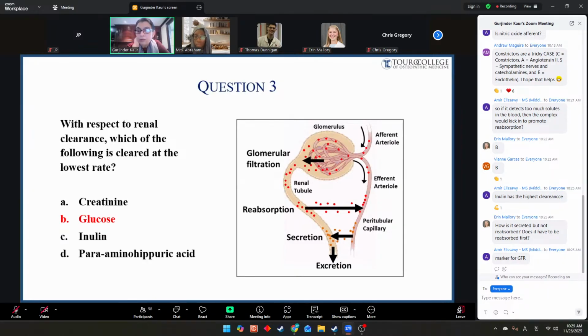Calcium will be again reabsorbed back. How much percentage of sodium is getting picked up at the proximal convoluted tubule has a major role to play, versus how much percentage is getting picked up at the distal convoluted tubule. And there are different transporters, and those transporters work under diuretics.